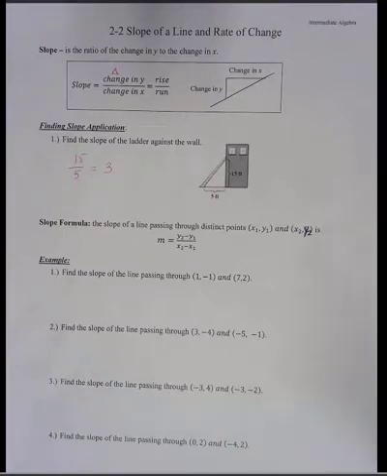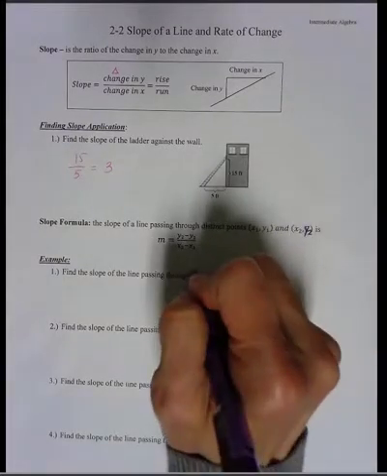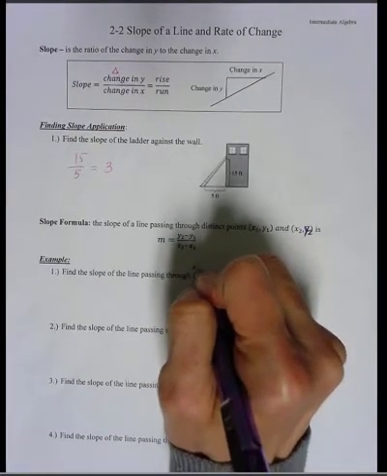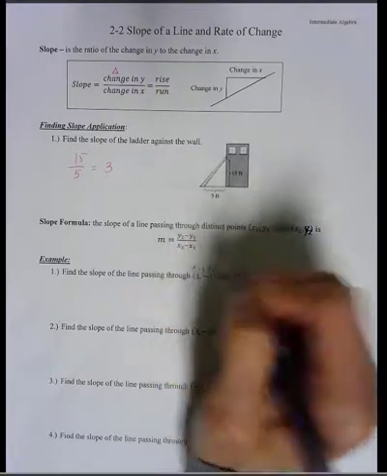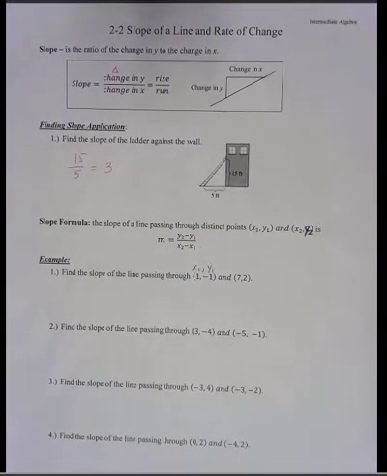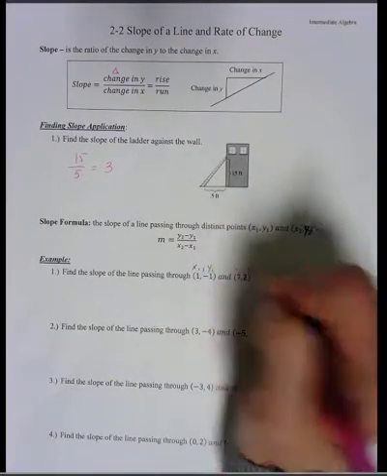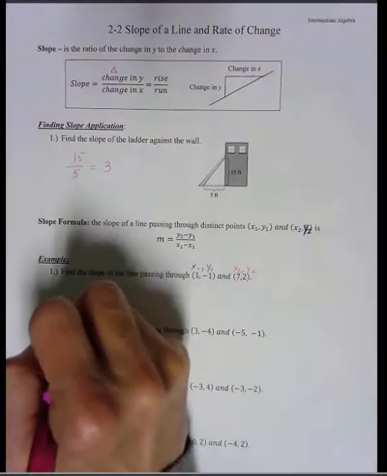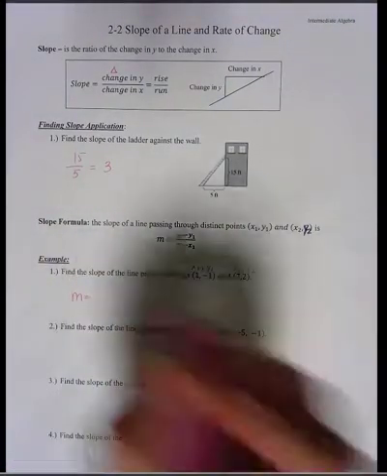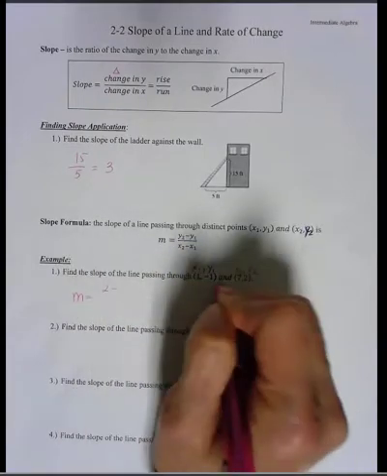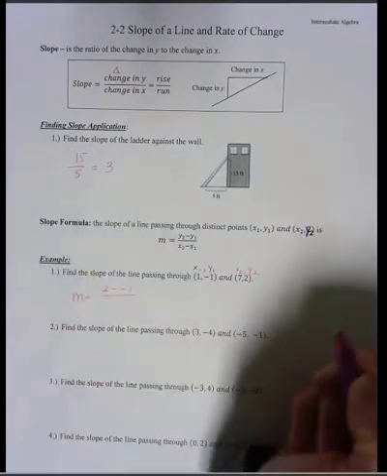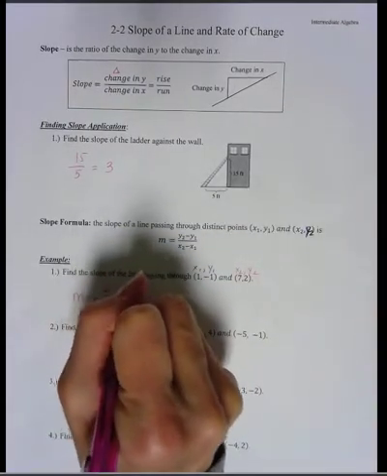All right, so we're going to go ahead and try a problem using the slope formula. You could also graph these two points, find the vertical change, and then find the horizontal change, or change in x. If we're using the formula, one trick I like to do is to identify x1, y1, and x2, y2. I like to mark them so if I'm using the formula, I can just plug them in. So my slope is equal to y2 minus y1 over x2 minus x1.